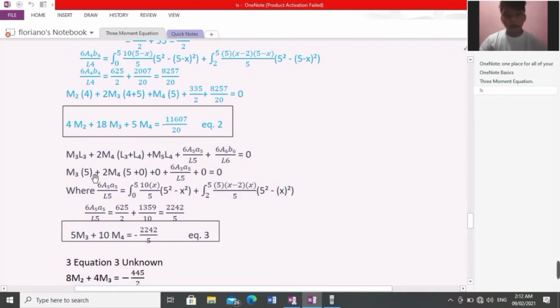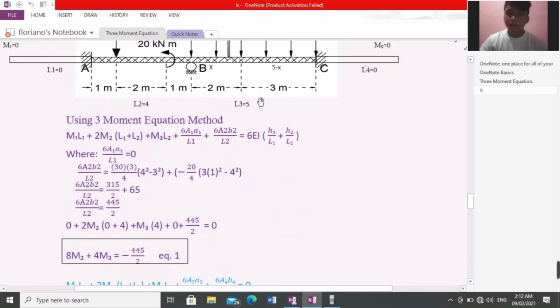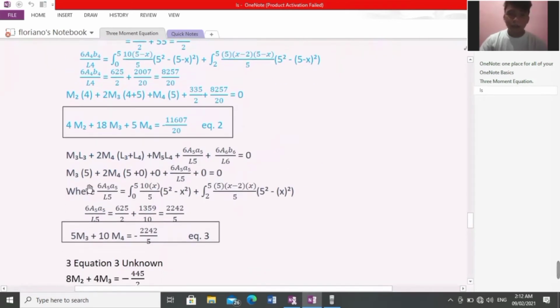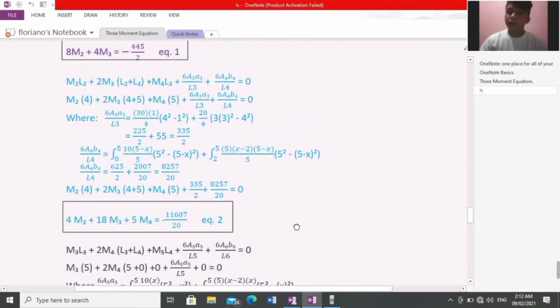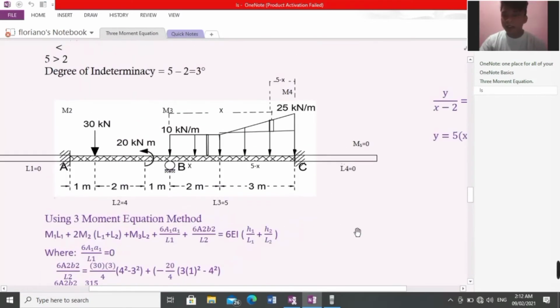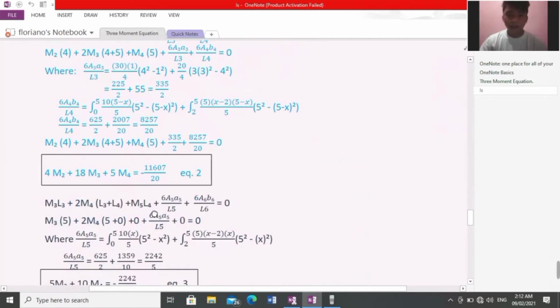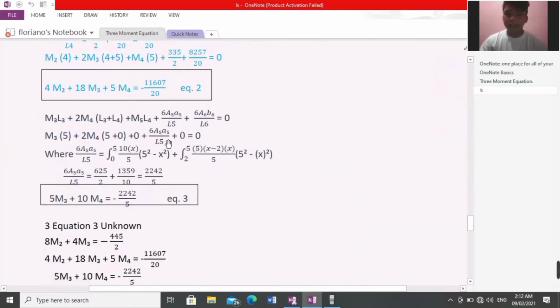So, M3 times 5, kasi yung L3 natin is 5, plus 2M4 times (L3 plus L4). Makikita natin dito na yung L4 natin is 0. So, 0. Plus M5 times L4, plus 6 A5 all over L5 is plus 0.